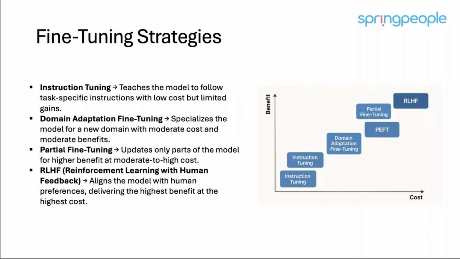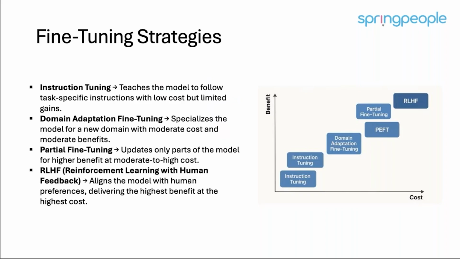Okay, now that we know we need to fine-tune, let's look at the possible ways of fine-tuning it. There is this idea of instruction tuning. There is domain adaptation fine-tuning.